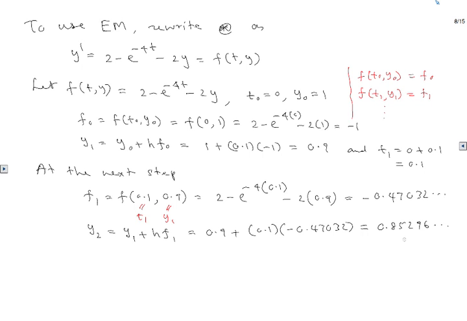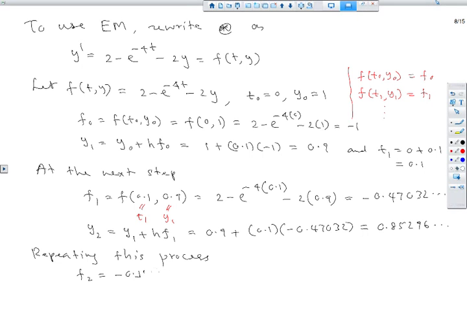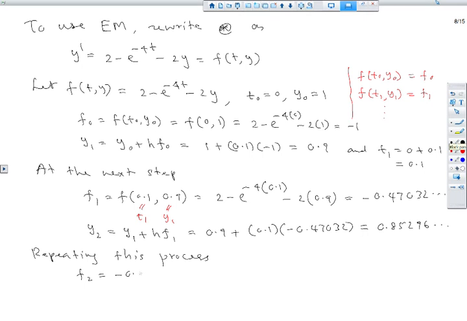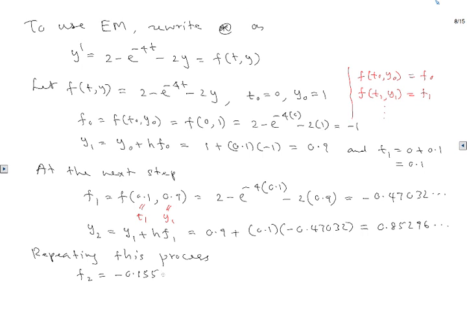Okay, so this is the first approximation. Repeating this process, we're going to have f2, which is equal to negative 0.155264, and the corresponding y value is y3, which is 0.837441, like that.